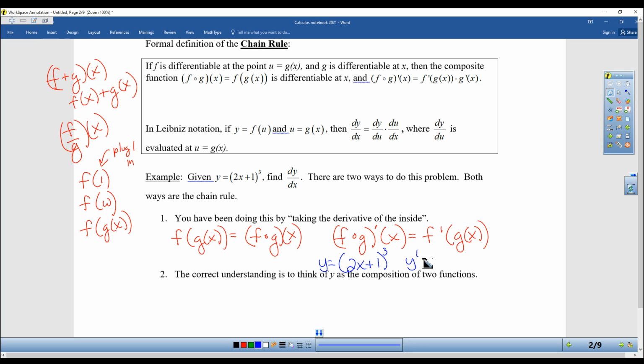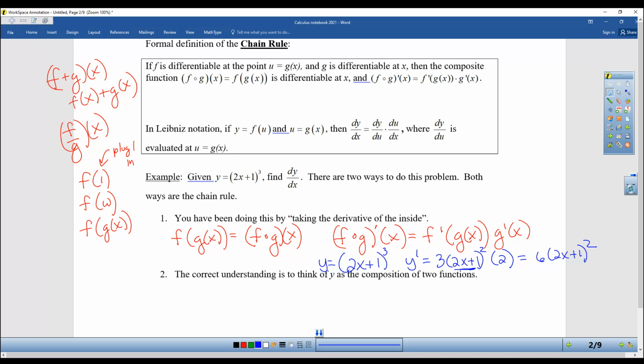Your y prime is going to be, you're taking the derivative of f, 3 times something squared. But you're leaving g, the inside, the same. And then, I'm using this theory up here, you multiply by the derivative of g. So then I multiply, remember this is g in here, I multiply by 2. And I get 6 times 2x plus 1 squared.